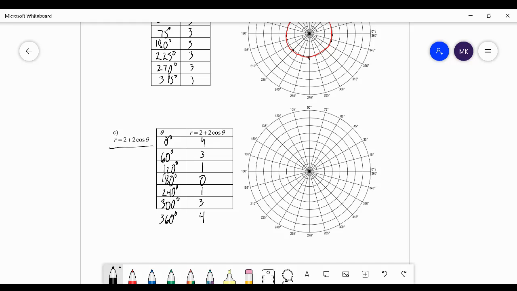And so what that looks like is it looks kind of like this. And now, as you look at these angles, the way they go, it's kind of cool.